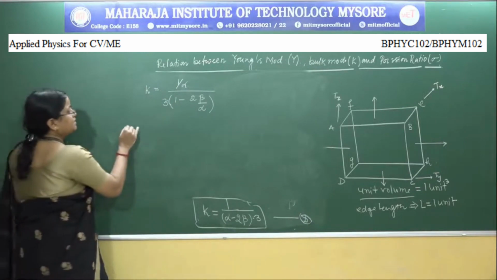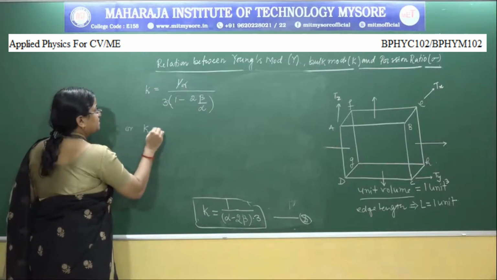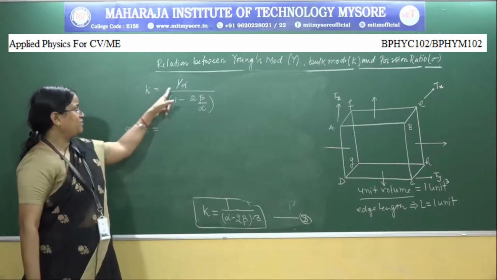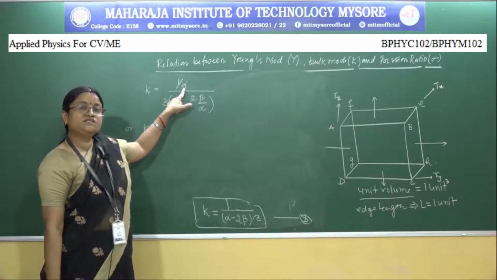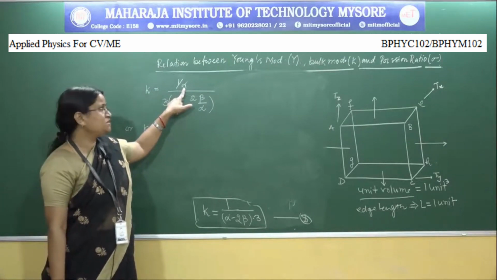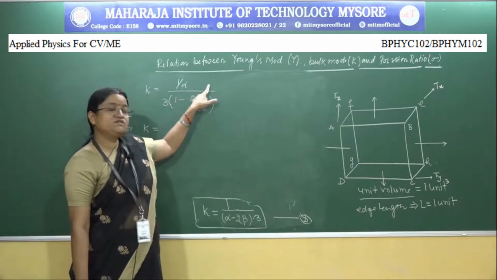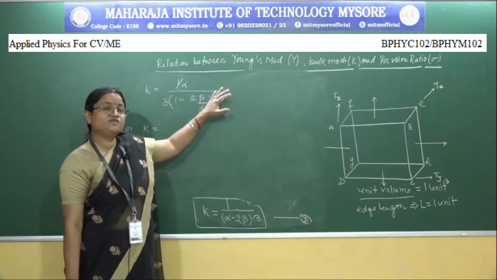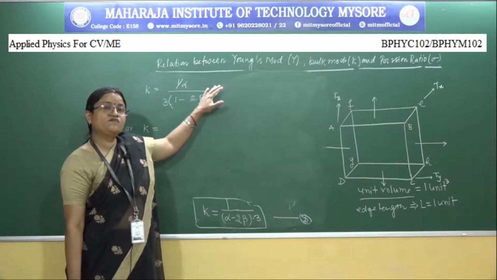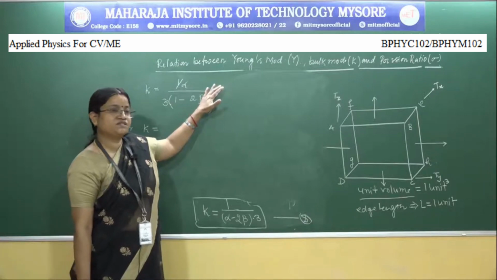So now, for the bulk modulus, we know 1 by alpha, where alpha is the longitudinal strain coefficient, which is longitudinal strain per unit stress. If you take the reciprocal of that, it defines Young's modulus, which is longitudinal stress by strain.